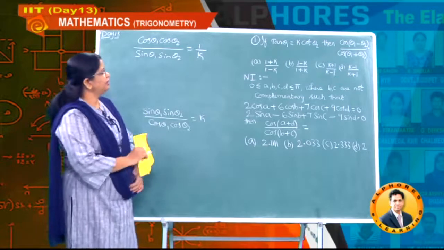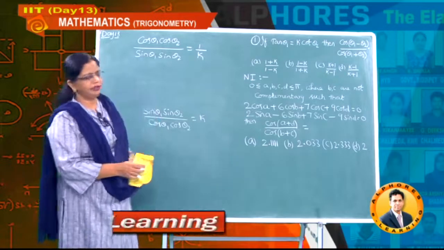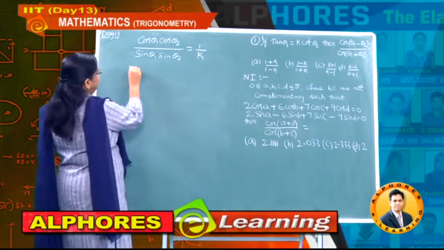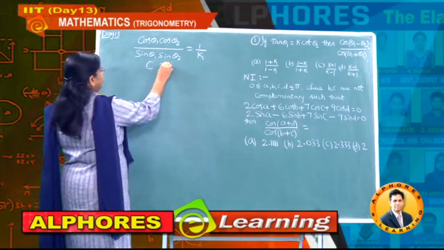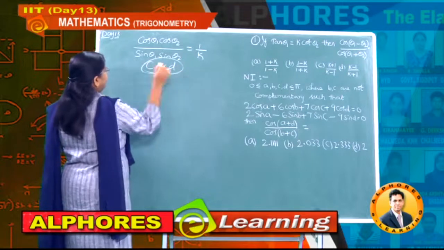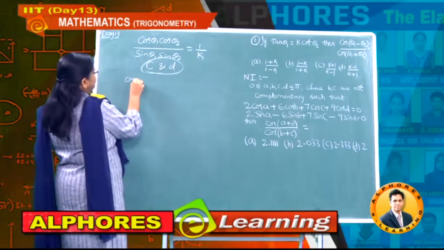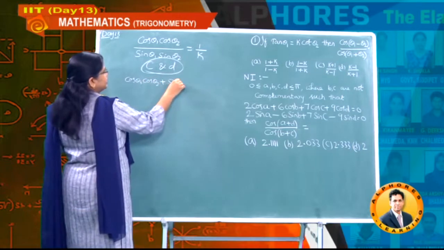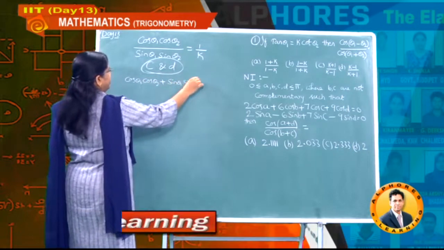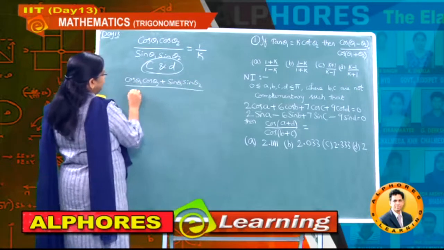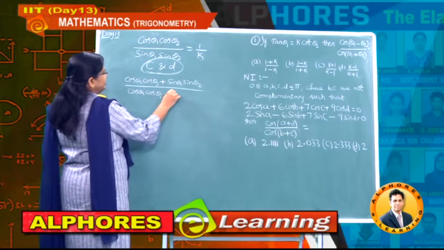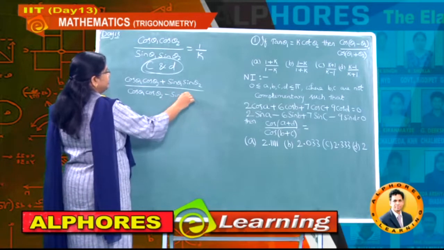Now let us start the concept of componendo dividendo. Then what is the value if I write componendo dividendo? So here I am using the componendo and dividendo property. Cos theta 1 cos theta 2 plus how much? Sin theta 1 sin theta 2 and divided by denominator, same, cos theta 1 cos theta 2 minus how much it is? Sin theta 1 sin theta 2.